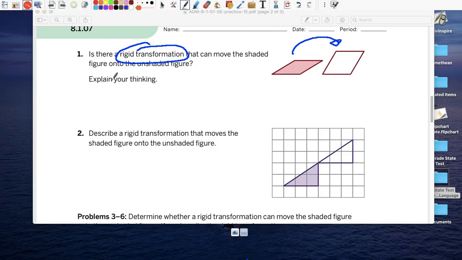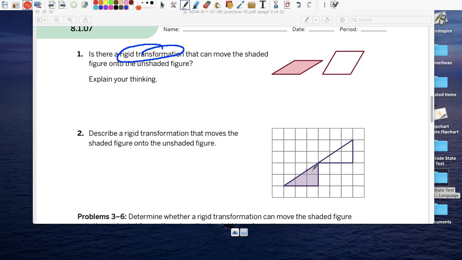The shape has to be exactly the same, maybe rotated or reflected, and there's no way this will turn into this. The pre-image will never look like the image, not through a reflection, a rotation, or a translation. So this was definitely not a rigid transformation. It could be something else, but it wasn't a rigid transformation.